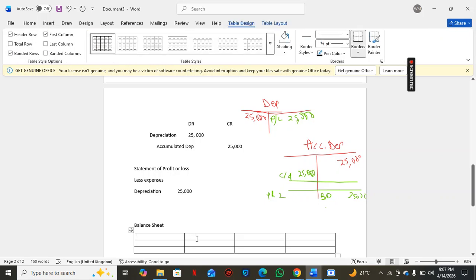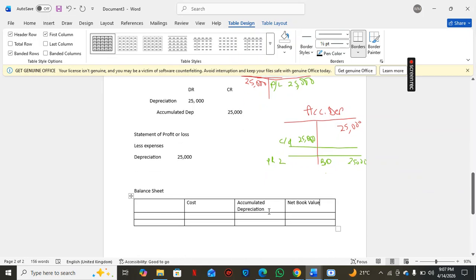So in your balance sheet, you have cost of the asset, accumulated depreciation, and then you have net book value. So you're going to say here equipment.